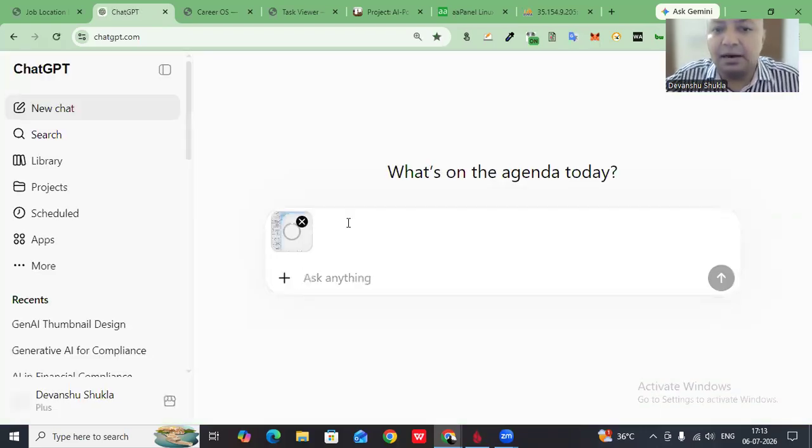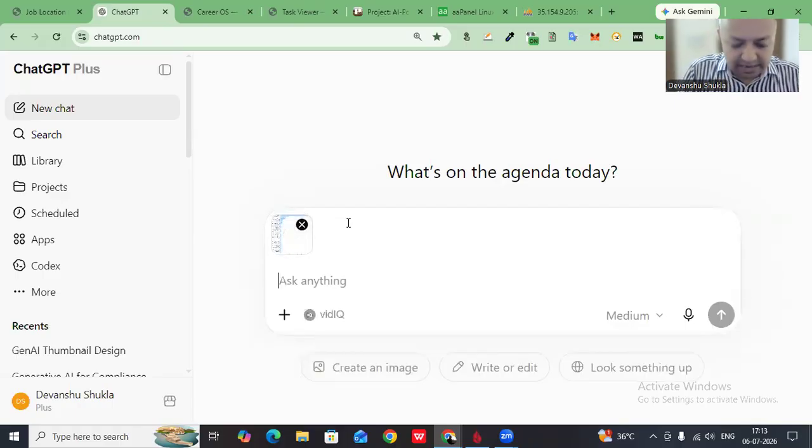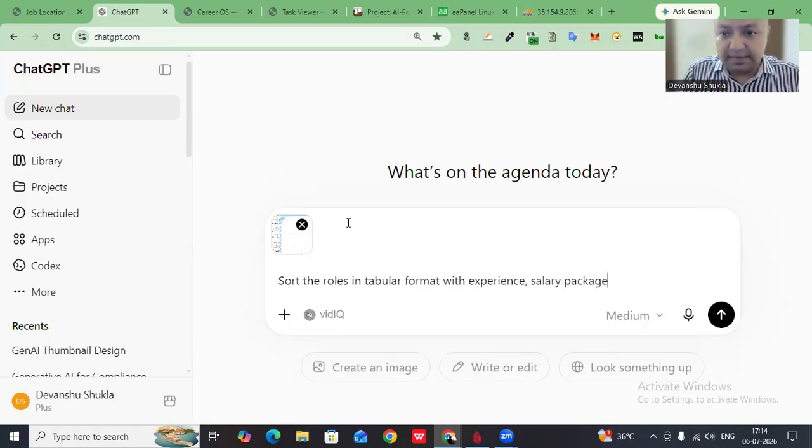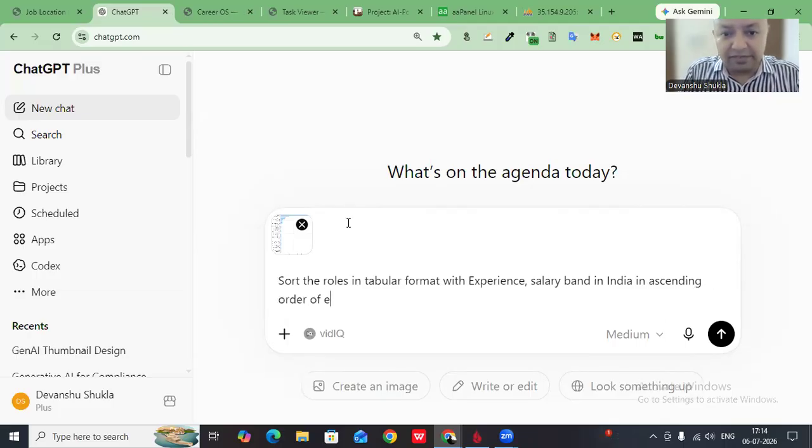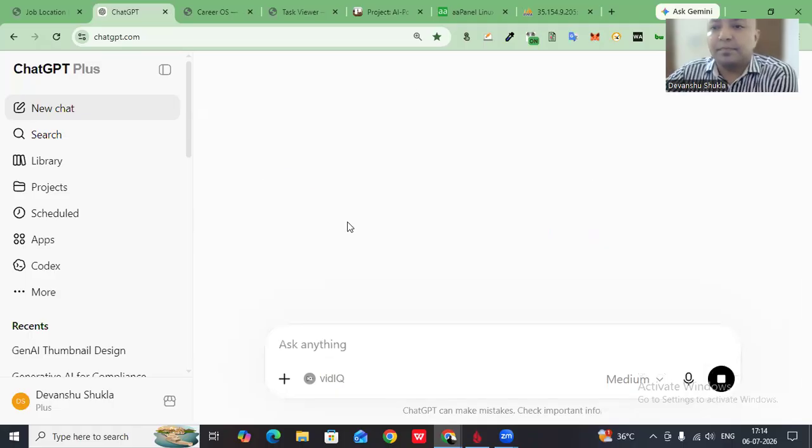So I'm pasting this data here and asking it to sort the roles in tabular format with experience and salary band in India. Okay, let's sort the roles on the basis of experience and salary band in India. Sort the roles in tabular format in ascending order of experience. Okay, let's have a look.